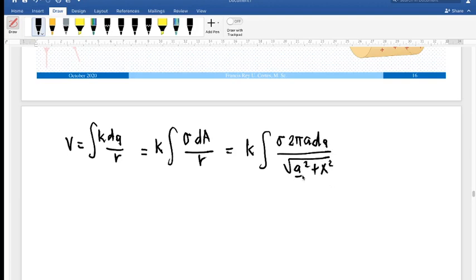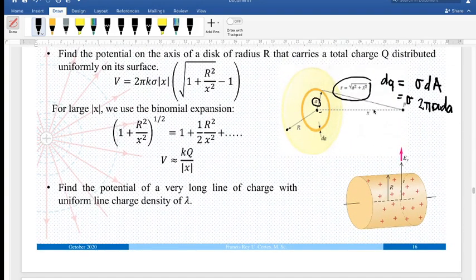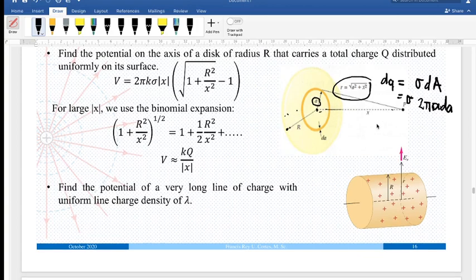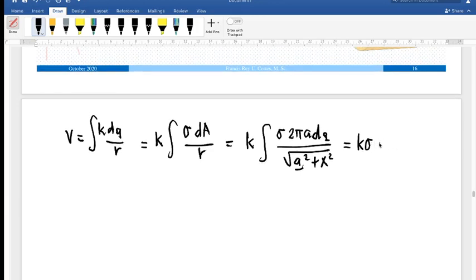What's changing here is a, so we integrate with respect to a because x is constant. No matter where you are on the ring, your x is still constant. Sigma is constant because charge densities are always constant in our case.